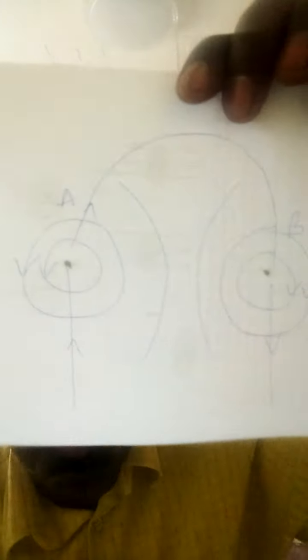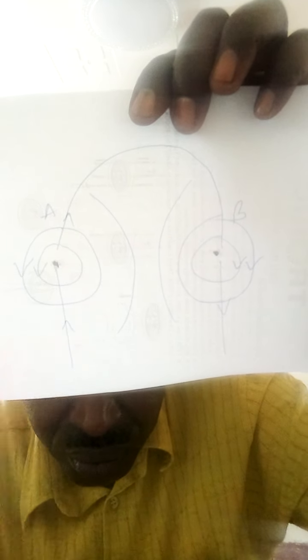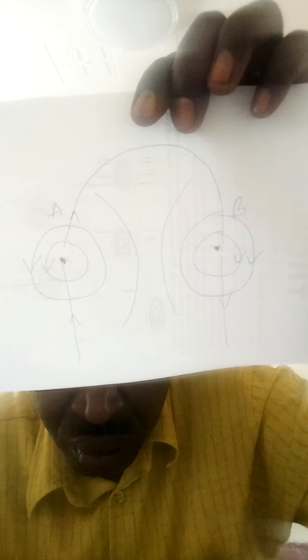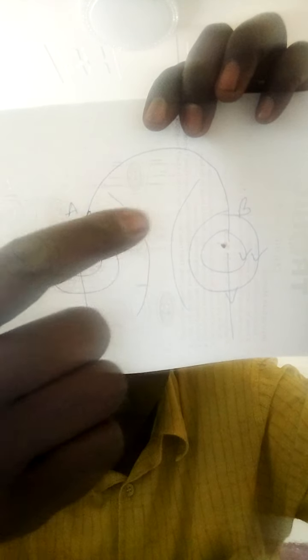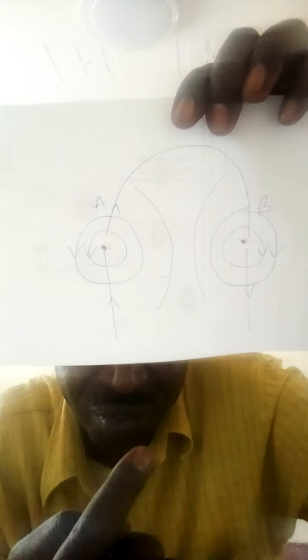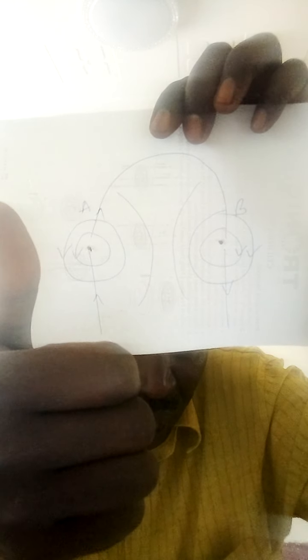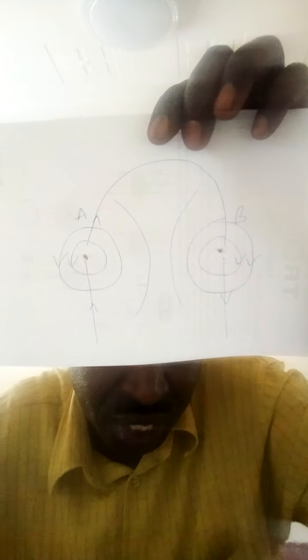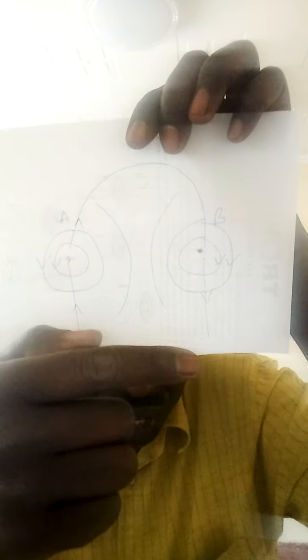So the pattern will be like that. So if you try, folks, try and see. For this, the current is up. Okay? So we have concentric circles. The field will be anti-clockwise. It's like 12, 9, 6, 3, 12, 9, 6, 3.